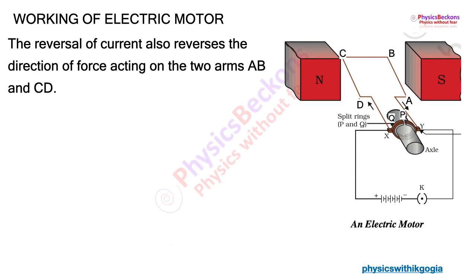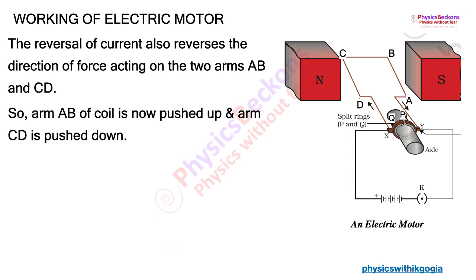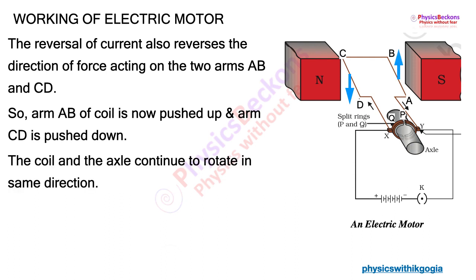The reversal of current also reverses the direction of forces acting on AB and CD. So arm AB is now pushed up and CD is pushed downward. The direction of forces is shown in the diagram.